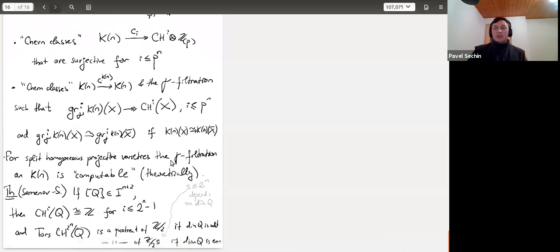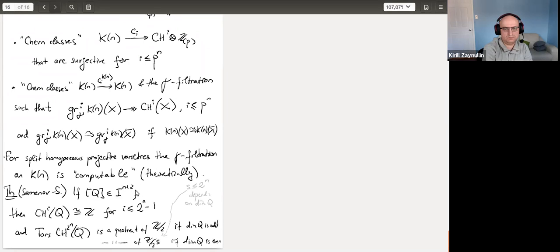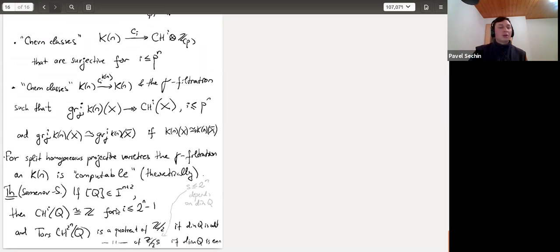And so what we have done with Nikita, we have computed that, and it shows that for these quadrics, so it should be a quadric in either here, or if it's odd dimensional, it's 1 plus this ideal.